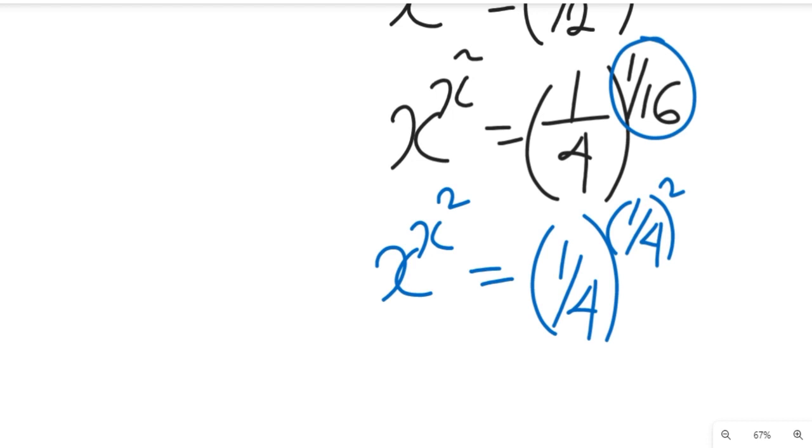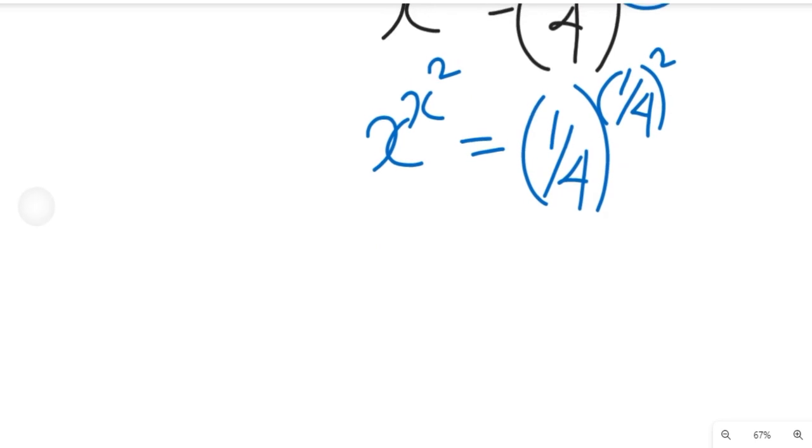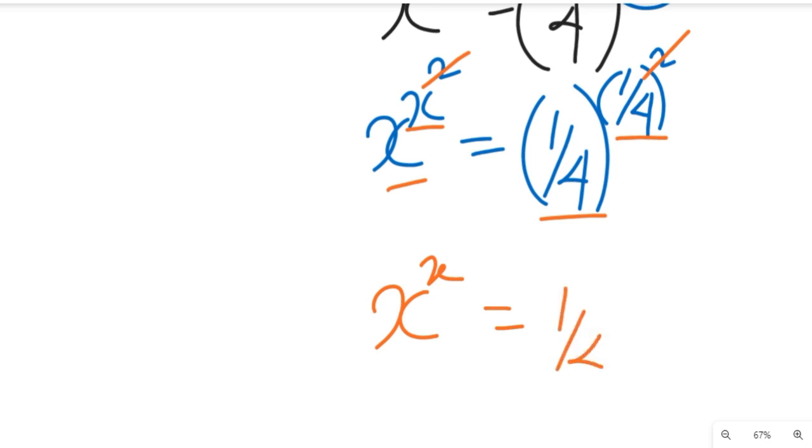So if I do that, you come to see that the left hand side and the right hand side are similar. This base is equal to this base, power is equal to this, and then we'll have square. So the square will clear square. So we'll have x to the power of x equal to 1 divided by 4 to the power of 1 divided by 4.